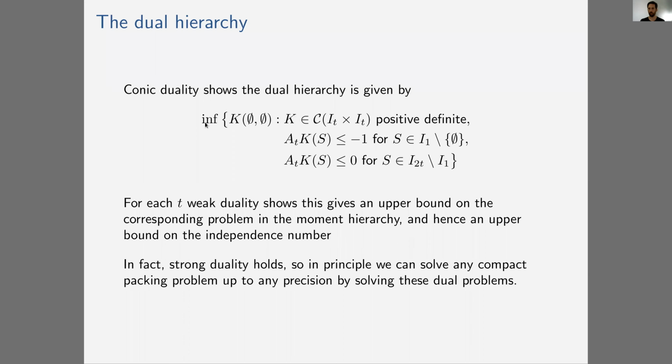So the optimal value of this dual problem is equal to the optimal value of the primal problem. So in principle, we can solve any compact problem up to any precision by solving these dual problems. Of course, I say in principle, because in practice, this is not so easy to do, but in principle, we can do that.